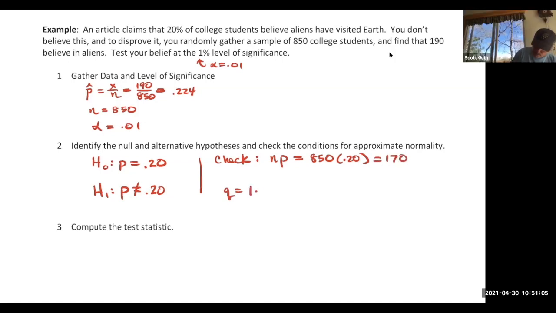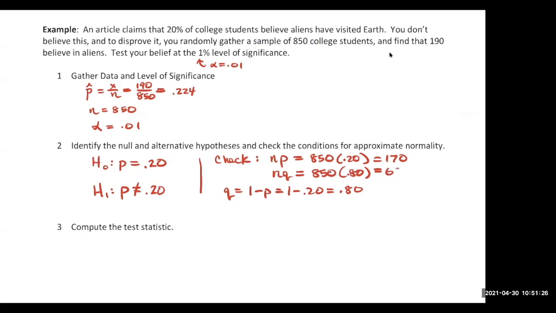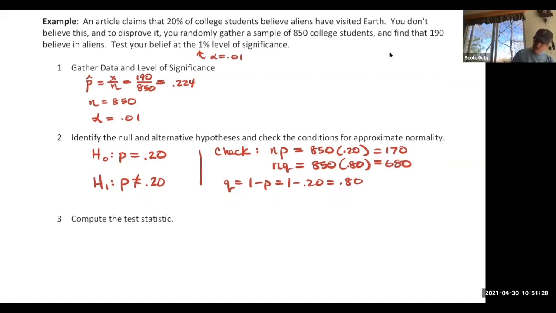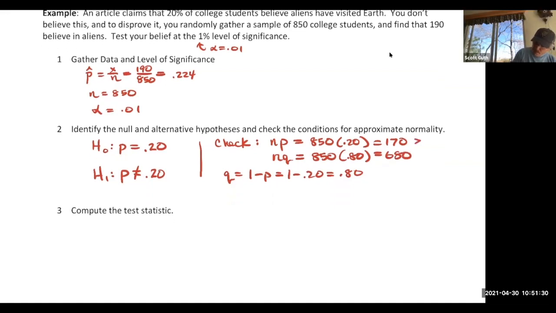And Q is 1 minus P. So this is 1 minus 0.20, which is 0.80. So when you do NQ, this is 850 times 0.80. So what's that? 680. Awesome, thank you. Okay, so these are both greater than or equal to 10.